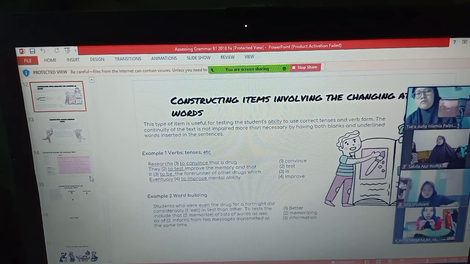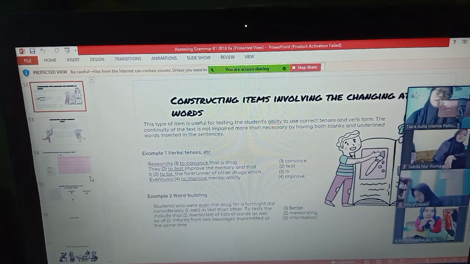Itunya juga sama di mental ability, to improve-nya diganti jadi improve. The second example, word building, yaitu membangun kata.